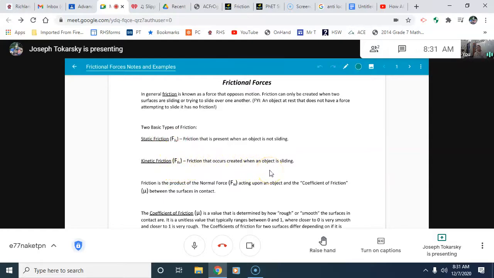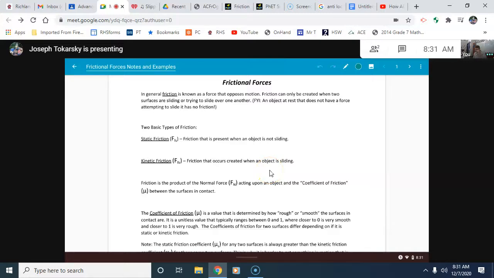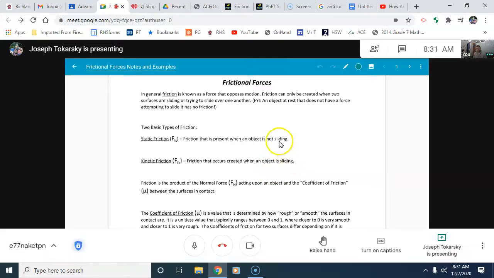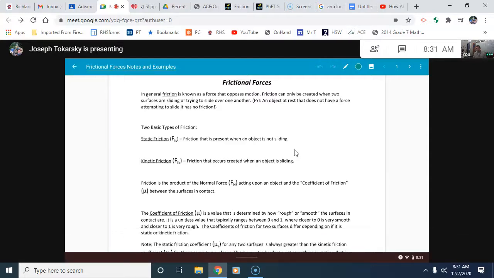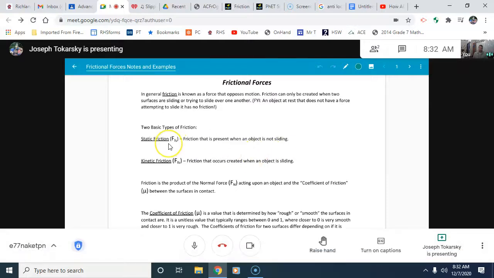We want to be really careful with being specific about how we define these, because wheels that are rolling, unless they're locked up and skidding, are not sliding. So like wheels on your vehicle as you go down the road, as long as you're not skidding or spinning, they're actually undergoing static friction.